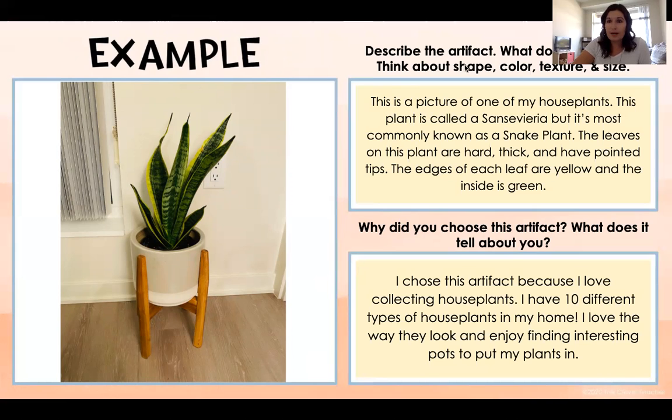And to describe the artifact, I wrote in the top box, this is a picture of one of my houseplants. This plant is called a Sansevieria, but it's most commonly known as a snake plant. The leaves on this plant are hard, thick, and have pointed tips. The edges of each leaf are yellow and the inside is green.